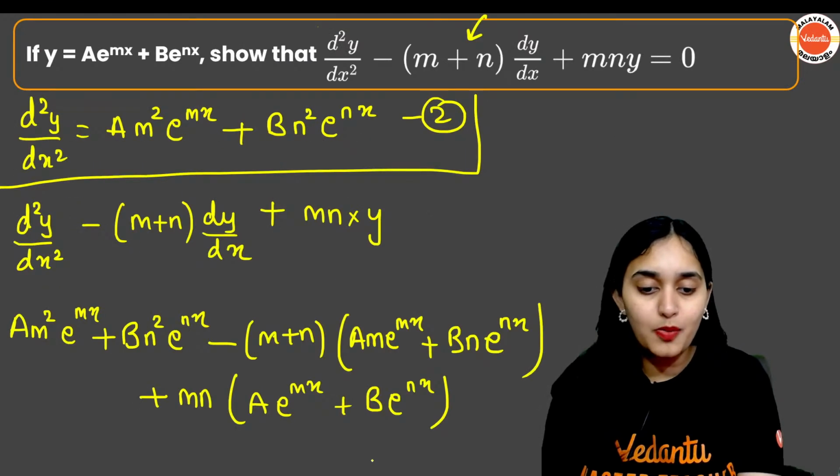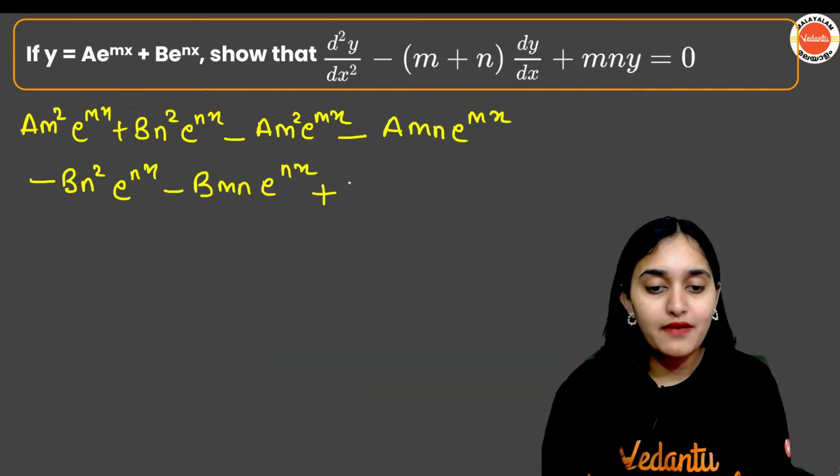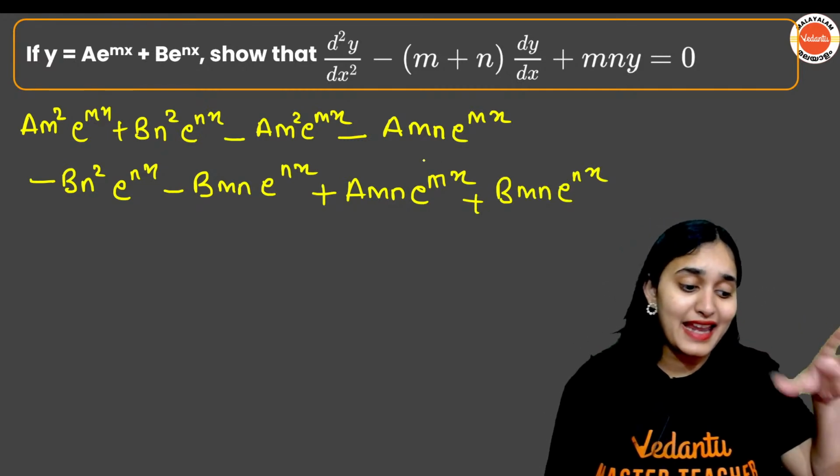And lastly, we will open this bracket: a into mn, b into mn. So you have a into mn into e to the power mx plus b into mn into e to the power nx. Now you check anything getting cancelled.